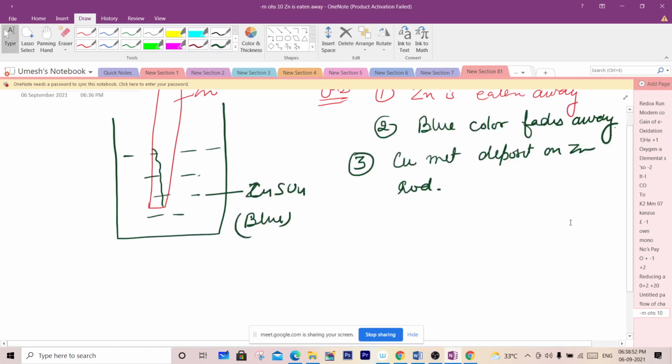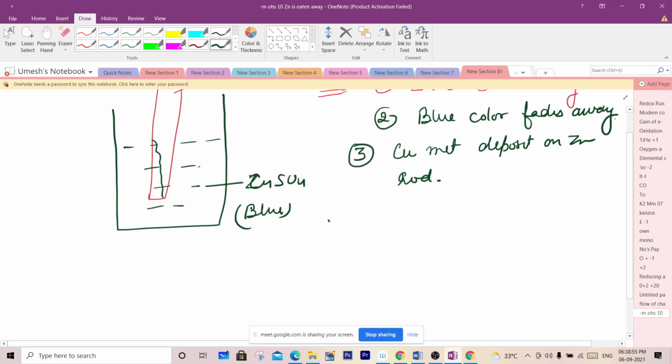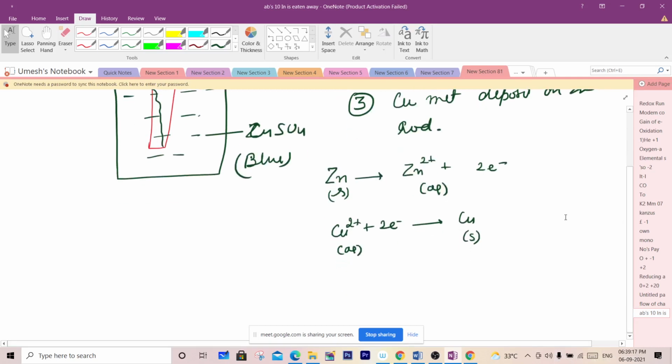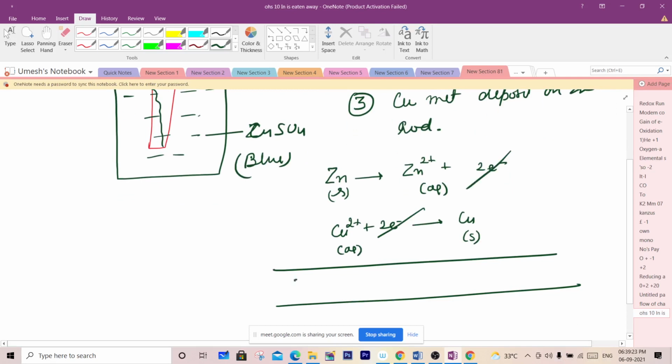Now let us see why, how it is happening. To explain this, it is the electrochemical theory that zinc, that is solid, is undergoing oxidation. It is losing electrons. And the copper ions are gaining electrons to become copper. Electrons cancelled. Now zinc plus copper ions to give copper plus zinc ions.